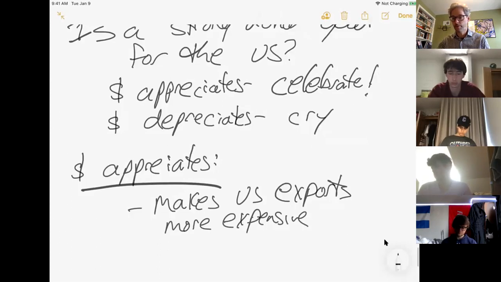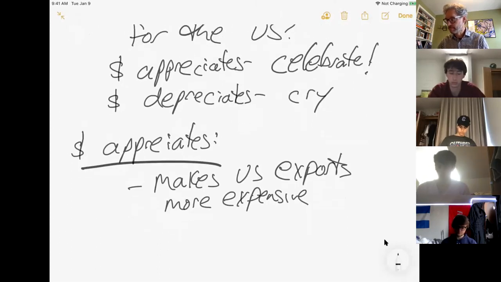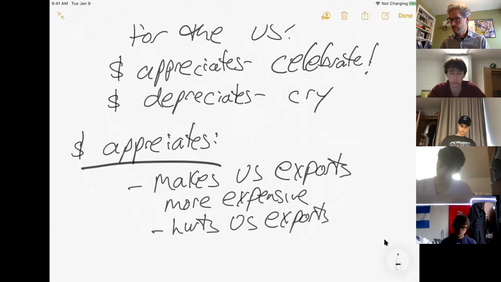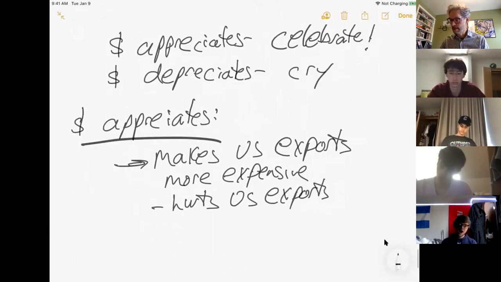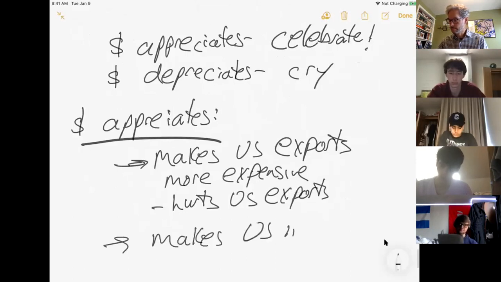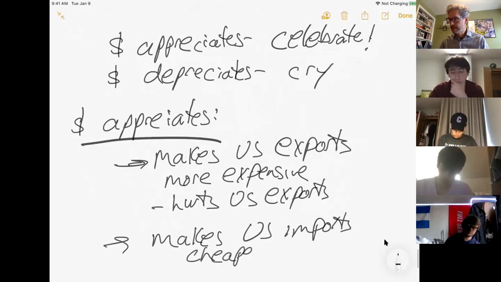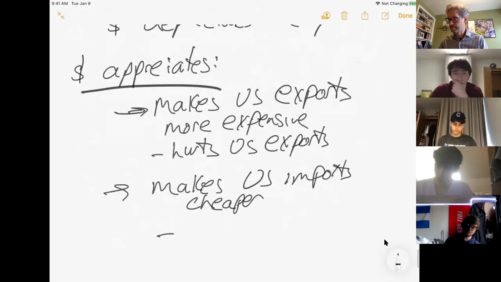It tends to hurt US exports. Vice versa, it tends to make US imports cheaper.